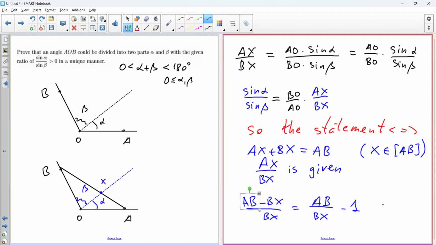And if we have some particular value R, then we can see that this is just solvable over BX. So that is it.